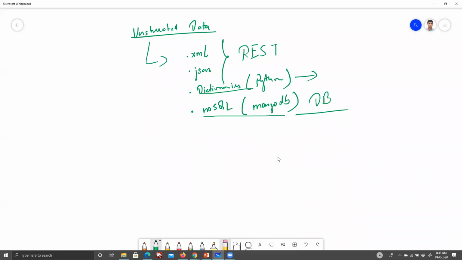Although I will try to introduce JSON and dictionaries, I might not be covering MongoDB altogether. So you will have to put some effort into learning MongoDB if you regularly want to work with unstructured data sets. Is that clear?